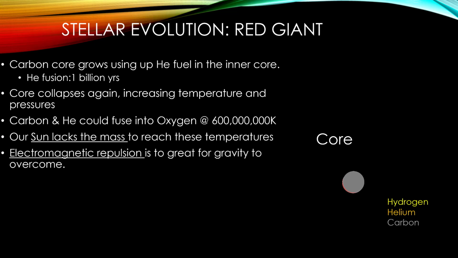At those temperatures, the electromagnetic repulsion is way too strong for gravity to overcome. So carbon will not combine into higher, heavier elements on the periodic table for our sun in particular.